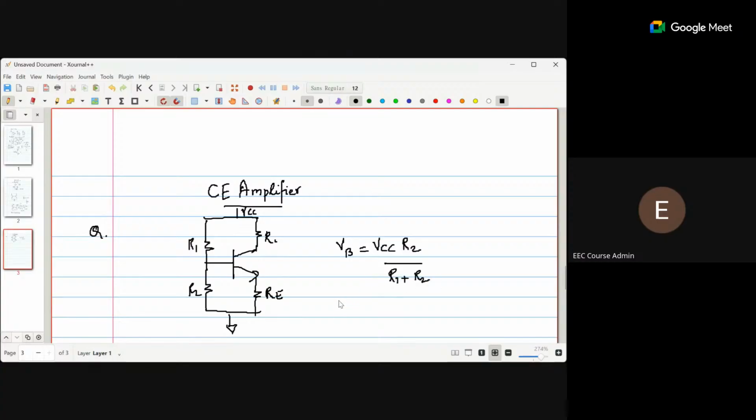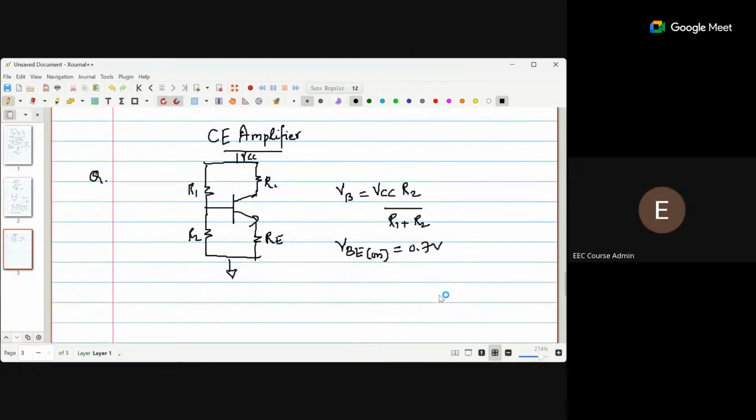Then VB we know, and VBE was given to be some 0.7 volts. VE you can find out, because VBE is VB minus VE. So VE will be VB minus VBE.